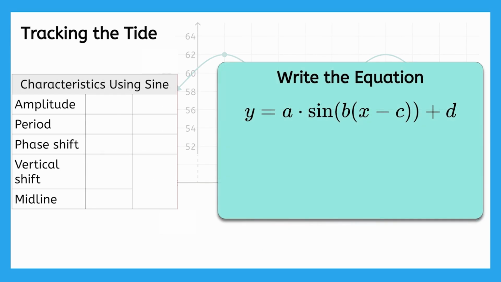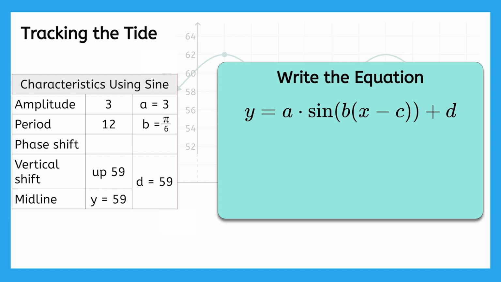Great work! As our final task today, let's also write this as a sine function. Which characteristics would be the same if we write the tide function as a sine function? Right, the amplitude, period, b, and vertical shift, along with d, don't change. However, to write this as a sine function, look closely at the relationship between points on the function's midline and the y-axis.